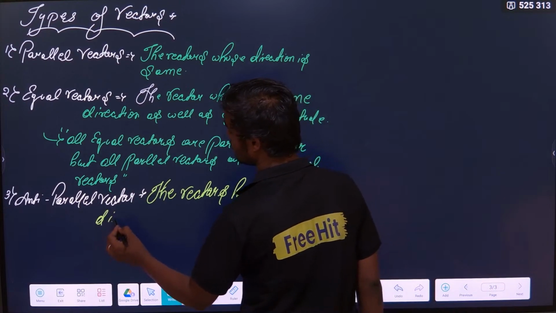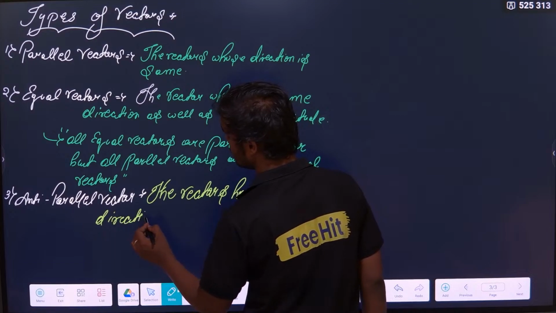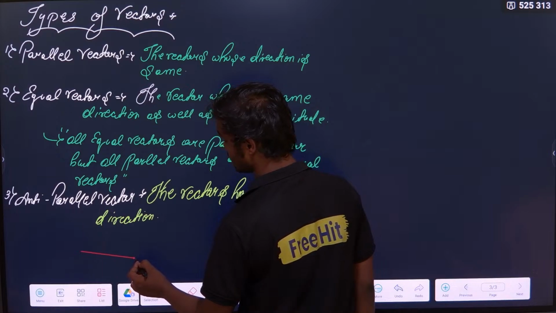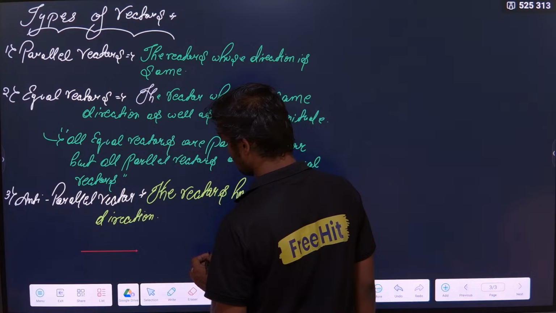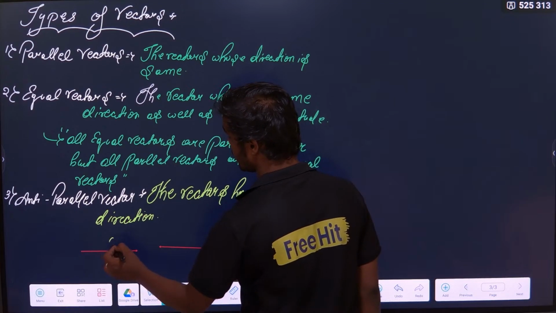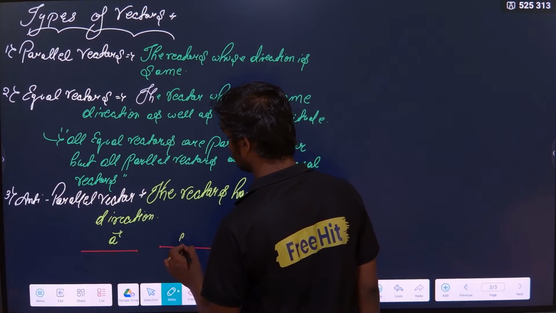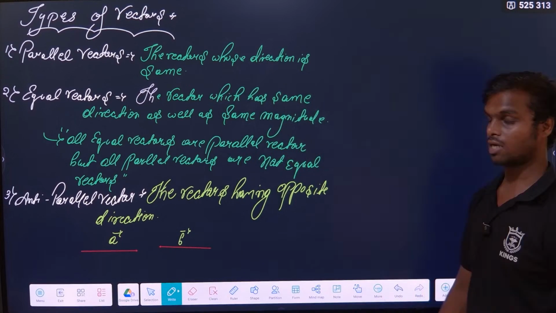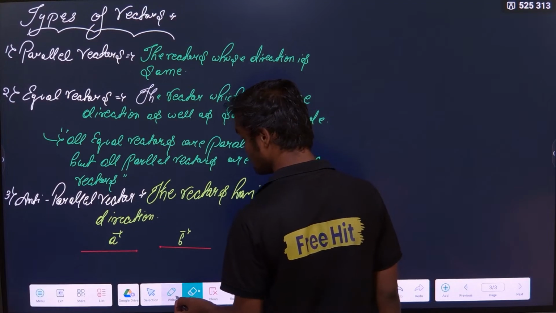Suppose there is one vector in this direction, and another vector is in the opposite direction. This is vector a and this is vector b, so their directions are opposite. That is called anti-parallel vectors. Clear?